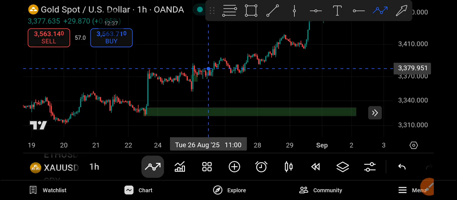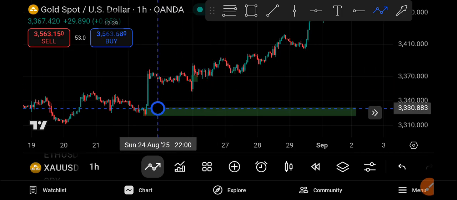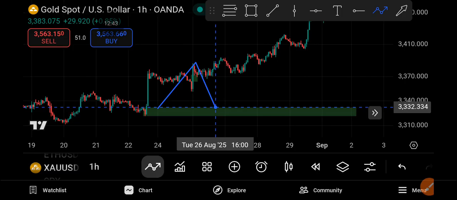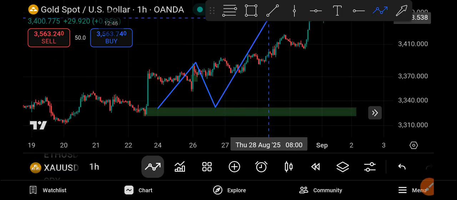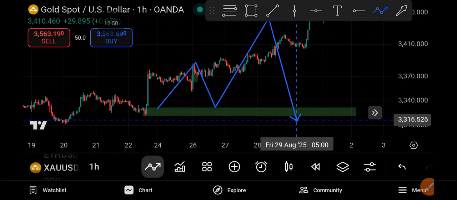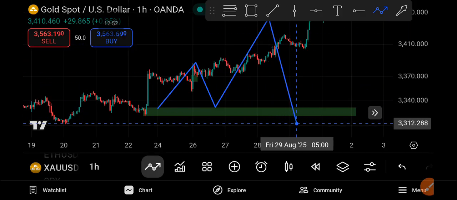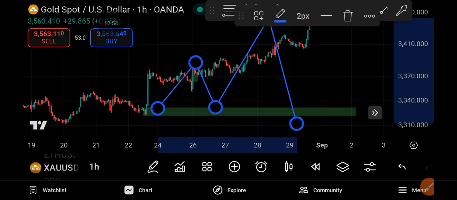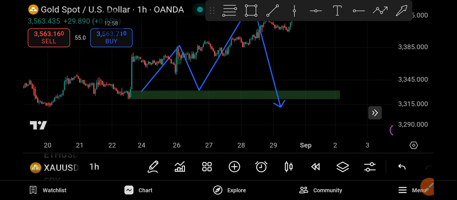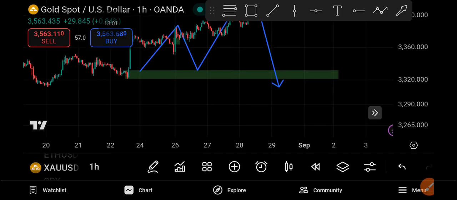What do I mean by failed order block? A violated order block. When the market goes up like this and it comes, instead of testing here and going up, it does the opposite. It comes and breaks this order block. So when it breaks that order block, it becomes a mitigation block.